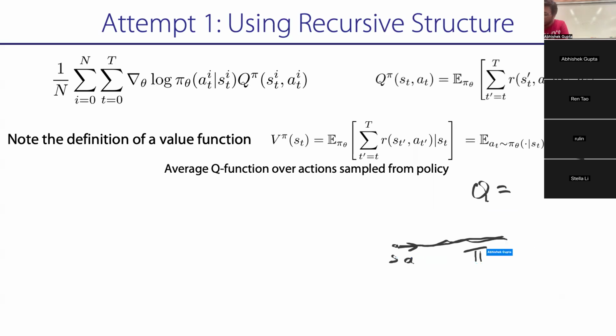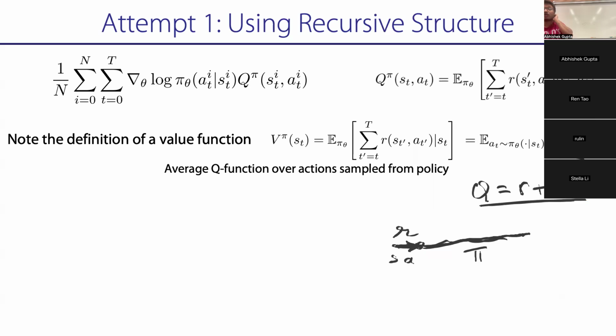Which means that your Q function is your reward at your first step plus the value function thereafter. So you can think of the Q function as one step reward plus following the policy thereafter, which is essentially Q equals R plus some discount times V, right? So V to Q is V is the expected Q. Q to V has an expectation here, but in shorthand, you can write Q is equal to R plus gamma V. Go ahead.